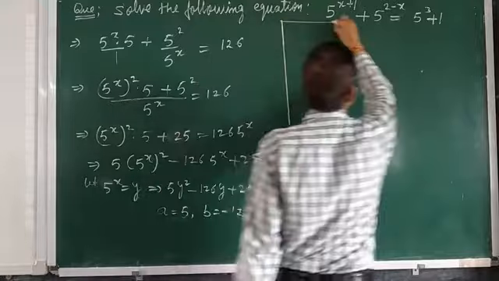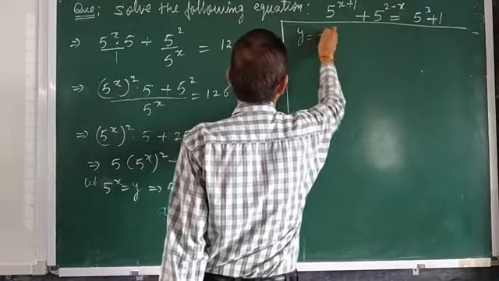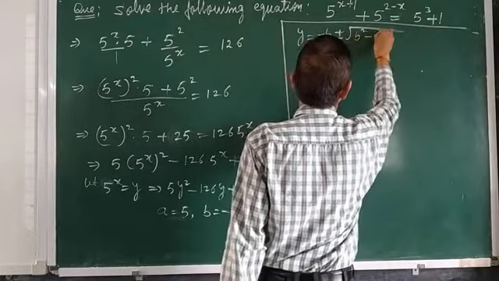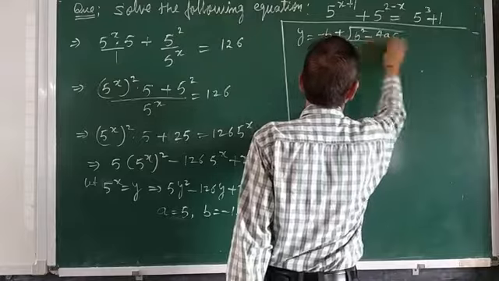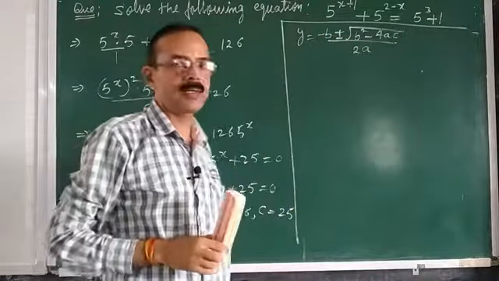To find the value, y is equal to minus b plus minus under root b squared minus 4ac upon 2a. Why is y written and not x?